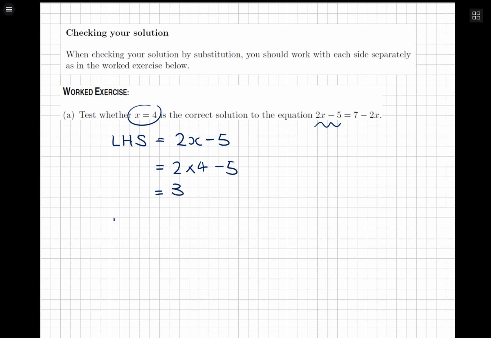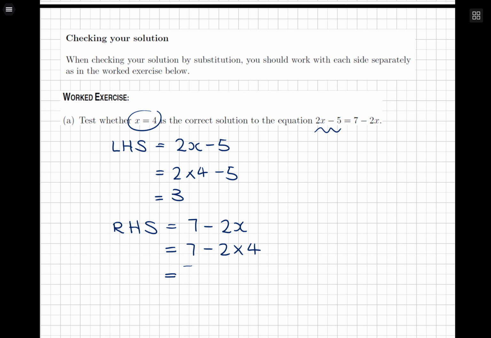So separately we'll go right-hand side equals, and we've got as it is 7 minus 2x. Then on the next line putting the substitution in, 7 minus 2 times 4, so 7 minus 8 is negative 1, which unfortunately does not equal the left-hand side.